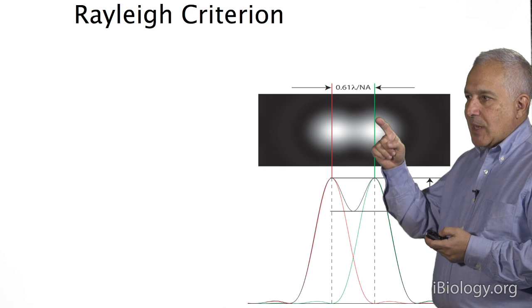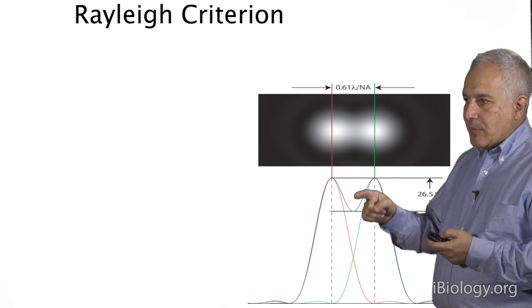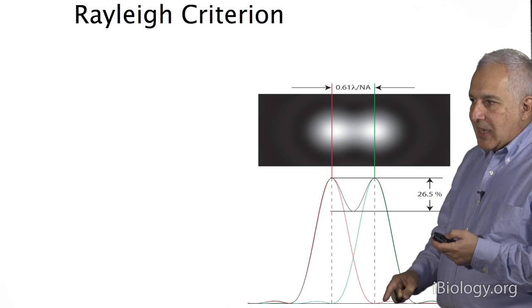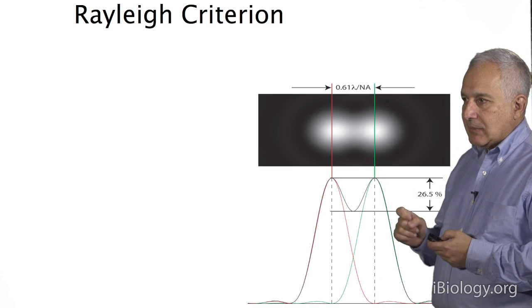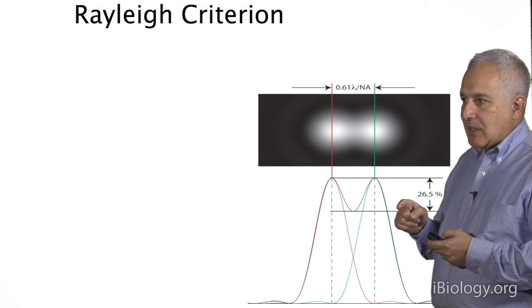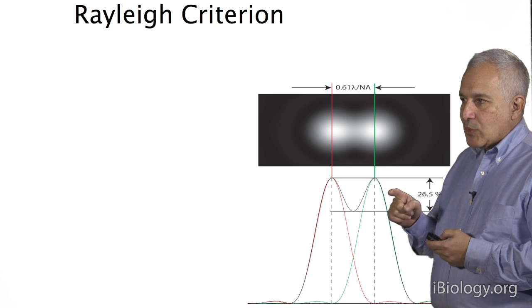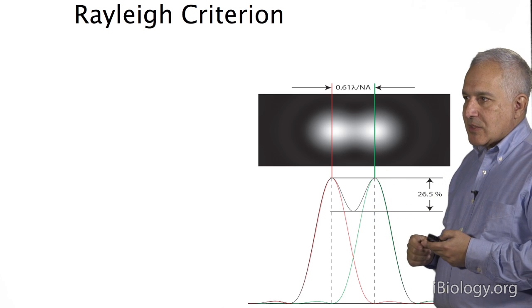That's 0.61 lambda over NA. The center of this object is sitting right on the first dark ring of that object. If you look down here at an intensity trace, where the first one is at its lowest value is where the other one is peaking. And at that position, there is maybe a little more than 20% dip in intensity between them when you add the 2 intensities.